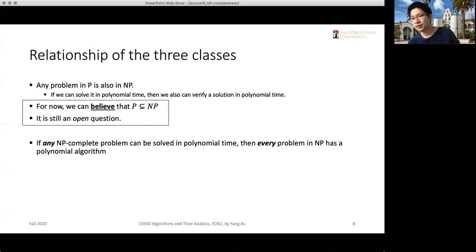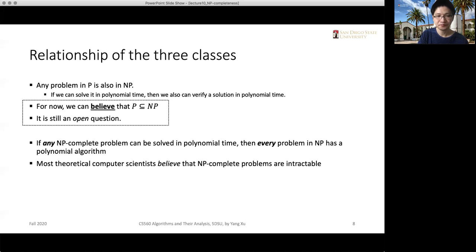So if you want to prove that P equals NP, you can say that if you solve one NP-complete problem, then basically all NP problems can be solved within polynomial time. But people haven't found such a solution yet. Okay, so now most theoretical computer scientists believe that NP-complete problems are intractable, like basically we cannot find polynomial time solutions to them, right?